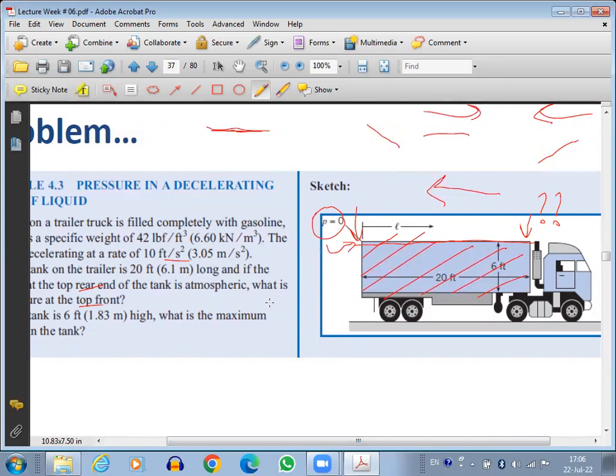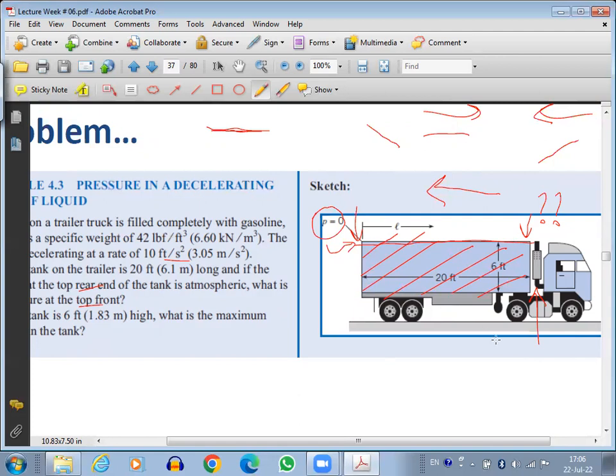Obviously, the pressure variation within the tank will always be, the pressure increases as the elevation goes down. Okay, so at the bottom of the tank, you will have the highest pressure, but at the bottom of the tank, at the front end, you will have the highest pressure. Since you will have at the front end comparatively the highest pressure, okay, because the tank is decelerating.